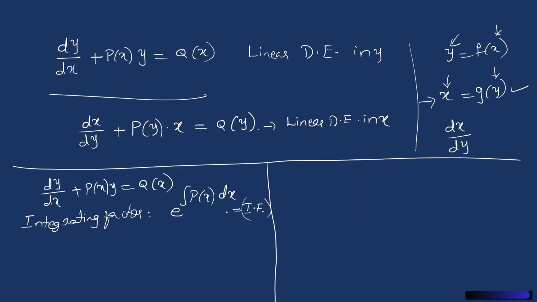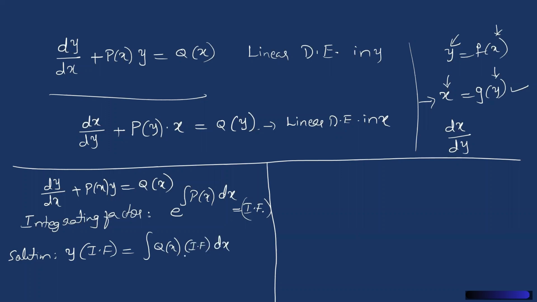Now after getting this integrating factor, we write the solution like this. The solution of this linear differential equation: the dependent variable here is y, so y multiplied by the integrating factor equals integration of q of x into the integrating factor.